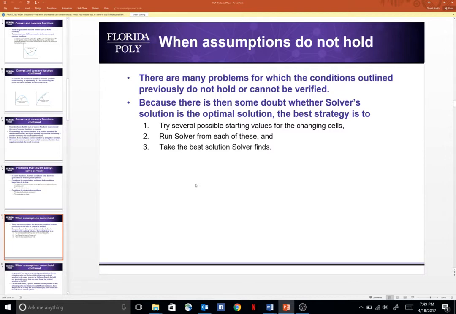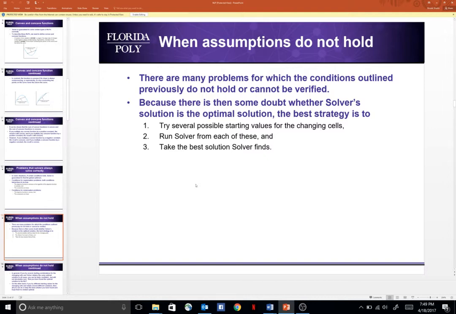And if we run it several times, and the overall solution does not change, then we can be somewhat confident that we've arrived at the optimal solution. Or, best yet, just trial and error. Try different selections for your changing variables, and whatever yields the highest value would be your optimal solution.